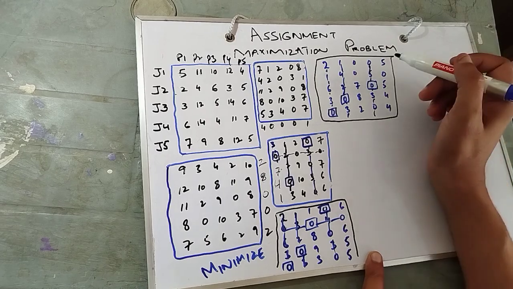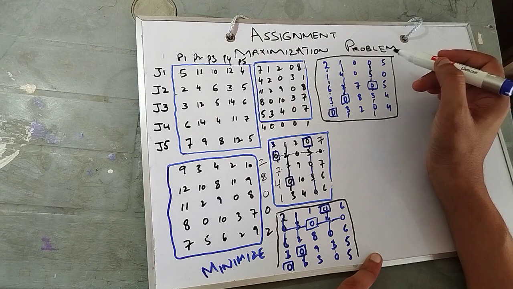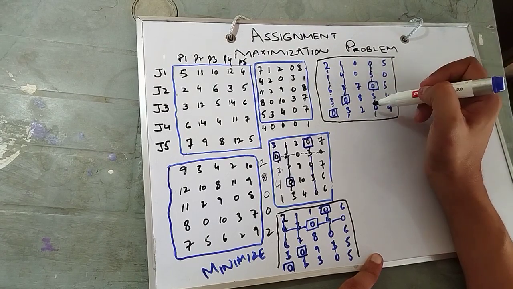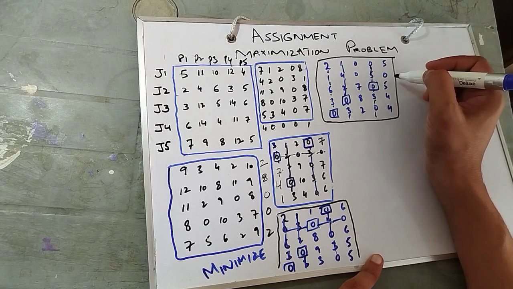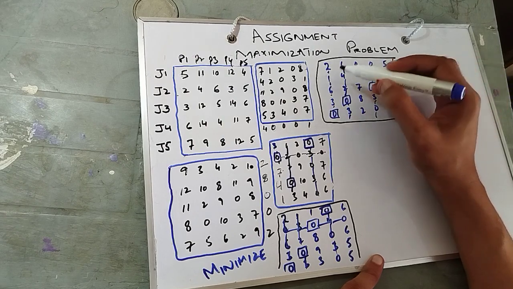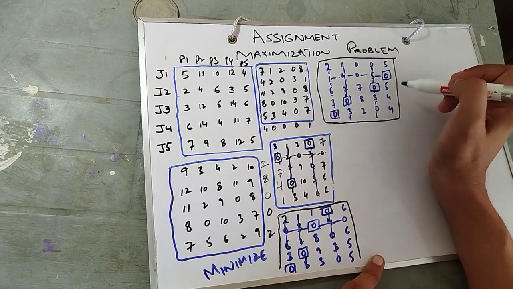Now let's solve the column again. In this column we have 2 zeros, we cannot assign until it's 1. So over here in this column we have 1, so we can assign. And whenever we assign in the column, we have to cut the whole row.